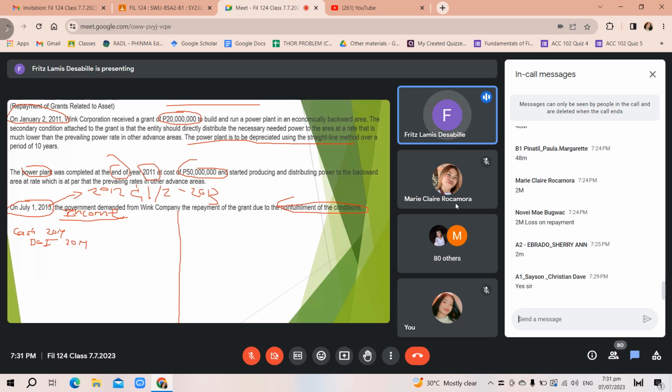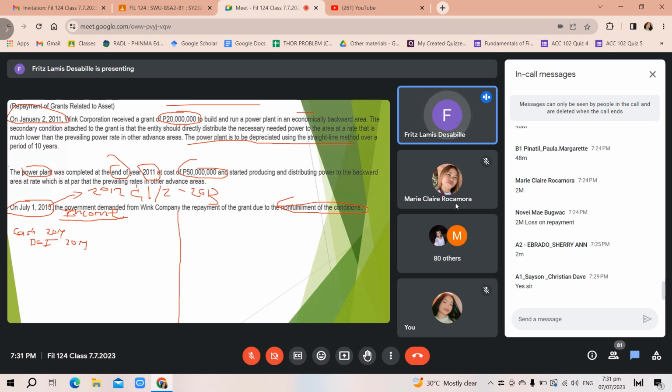That's clear, right? We received 20 million, so debit cash, and this is related to the grant, so deferred grant income. It is deferred because there is an obligation to operate the power plant and to provide the people in this community a rate that is lower than the prevailing power rate.